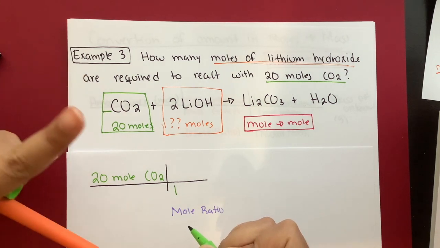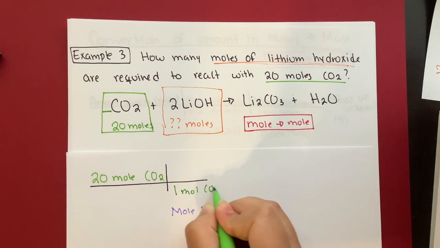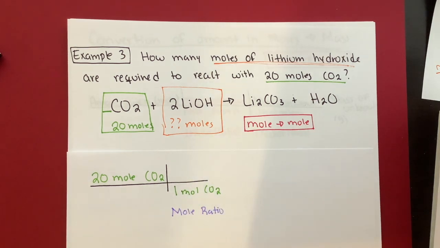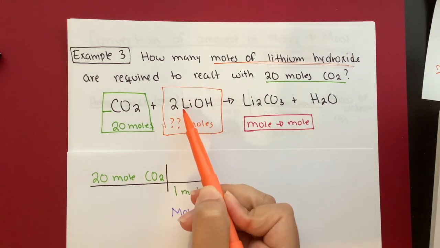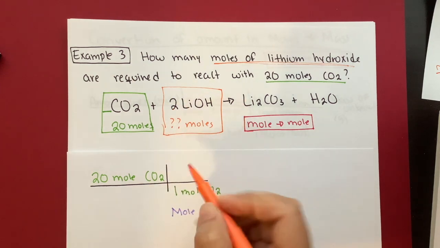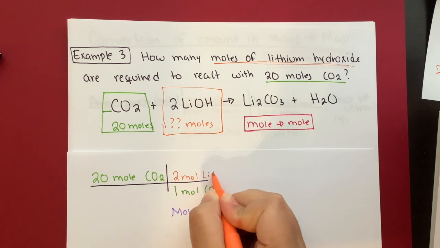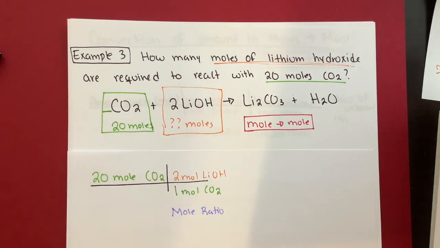If there's no coefficient, that means that we have 1 mole of CO2. And in the top, we're going to write the coefficient of the compound that we're being asked about. In this case, lithium hydroxide, there's a 2 in front of it. So that means that we have 2 moles of lithium hydroxide.